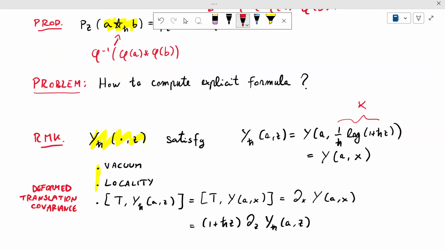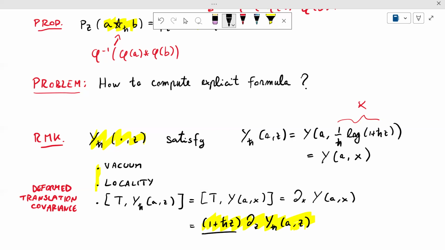But one can show by the chain rule that they satisfy a deformed translation covariance, in which the commutator with T does not give just the derivative in z, but is multiplied by this factor in front. These still look very similar; we have not deformed the axioms of a vertex algebra too much. They're still very much the same.